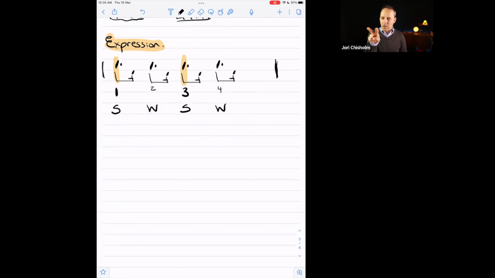Those are going to be slightly longer than the dotted notes on the second and fourth beat. Technically, if you were to record someone who's pulsing it properly and rewind it and time it and actually measure the lengths of those notes, that dotted note on 1 and 3 will be the longest notes of the bar. 2 and 4 will be slightly less long, and all those short notes will be the same.